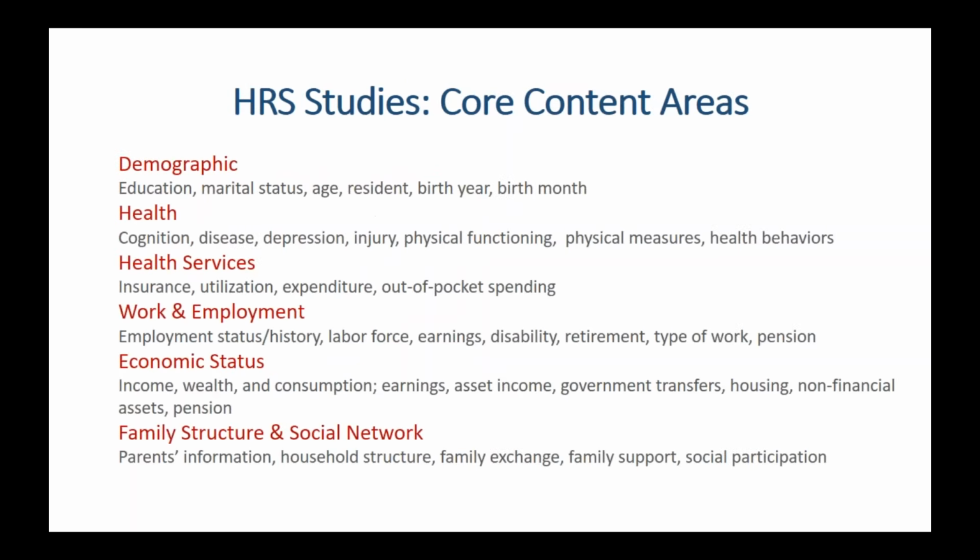Some of the core content areas, as I mentioned, they're multidisciplinary and include demographic questions, health questions, health services. So what are people spending on health services, work and employment. This includes retirement, when they retired, what were the conditions of their retirement. A lot of economic questions, as I mentioned.